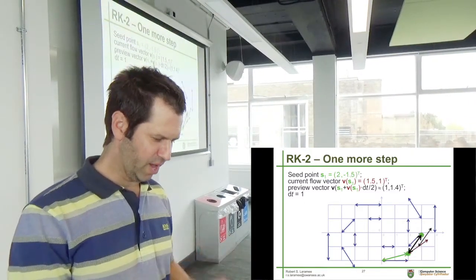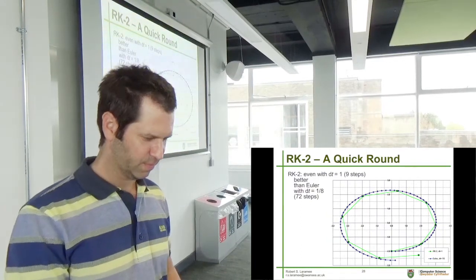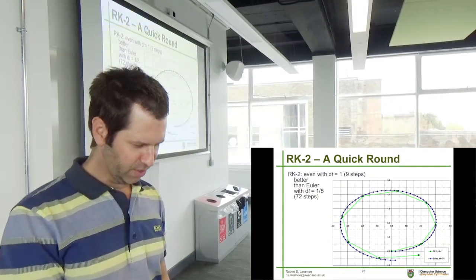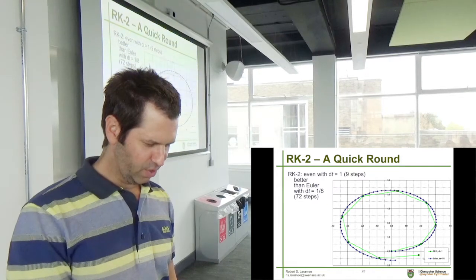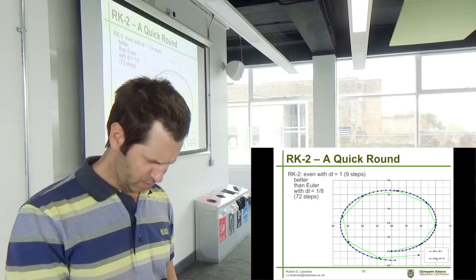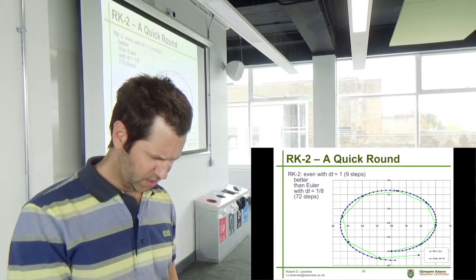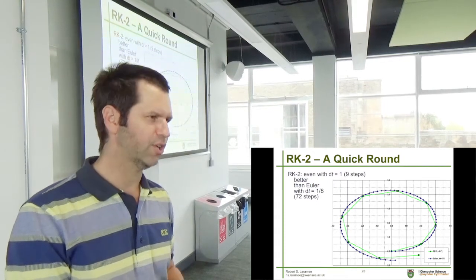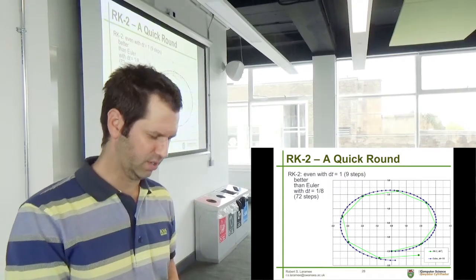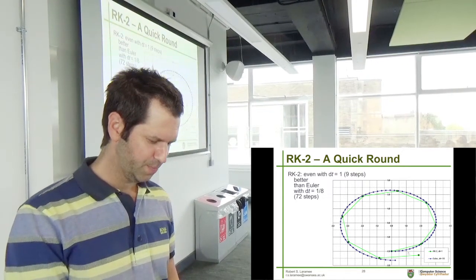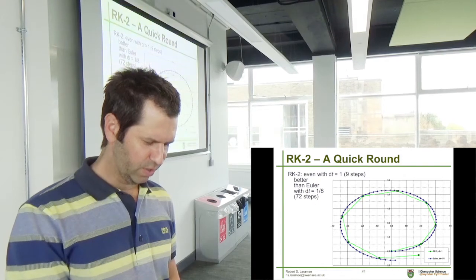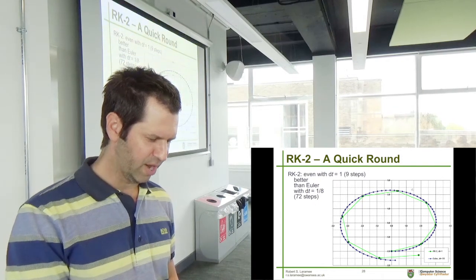And we keep doing that over and over again. This is a comparison of the Euler integrator with dt set to 1/8 and Runge-Kutta 2 with dt set to 1, which is a very large distance compared to 1/8. And here's what the Euler integrator generates for streamline positions.